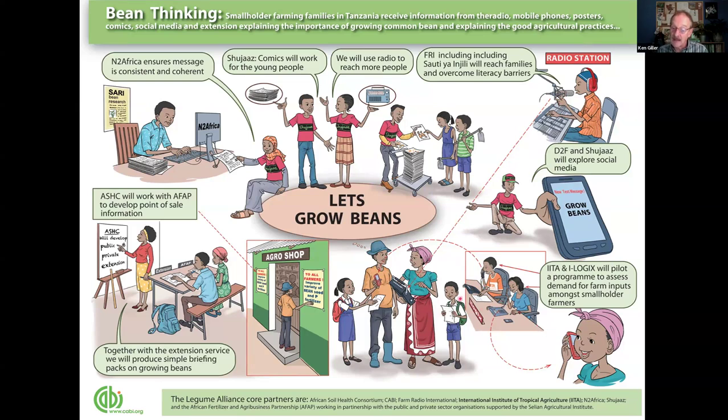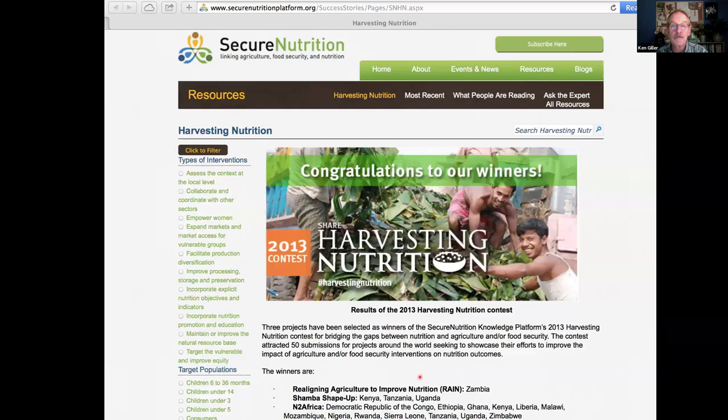And then we could actually liaise with the agro dealers and working with AFAP here to actually bolster extension services and to try and make sure that the varieties that farmers wanted in terms of seed and the inputs were there in the shop at the right time. Again, this was with CABI through their soil health team in terms of collaboration.